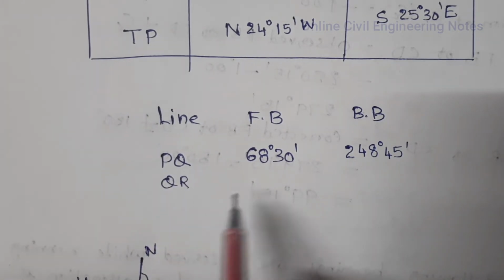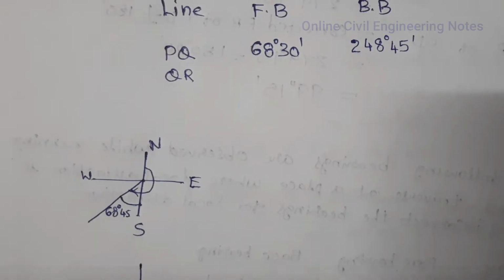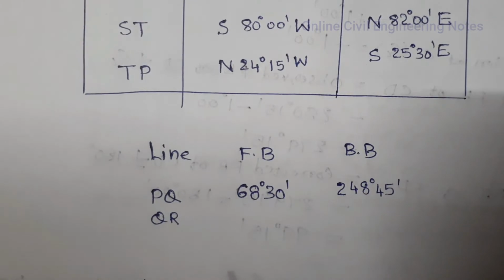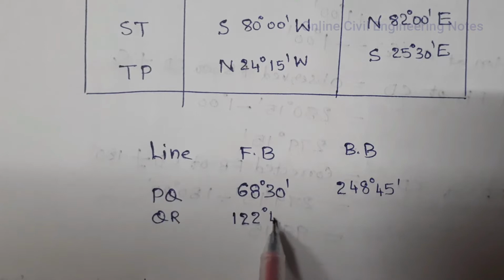QR: S 57 degrees 15 minutes. Whole circle bearing system is 180 minus this reading, which is equal to 122 degrees 45 minutes.